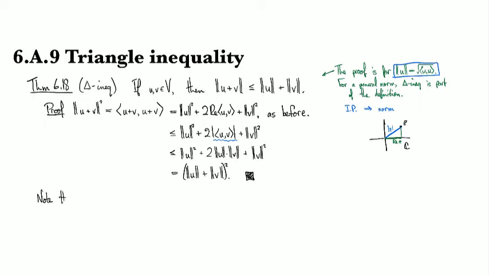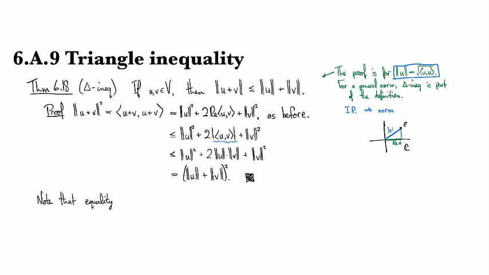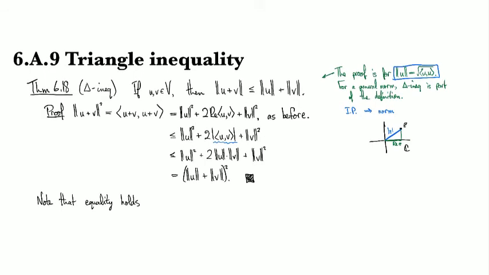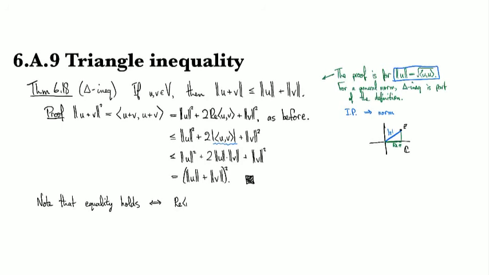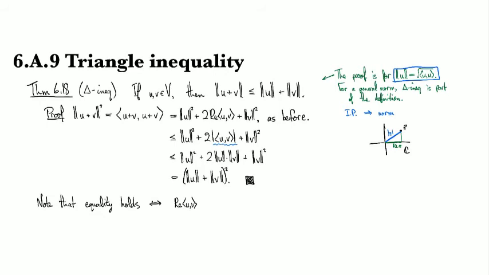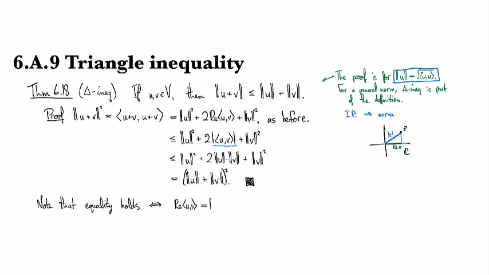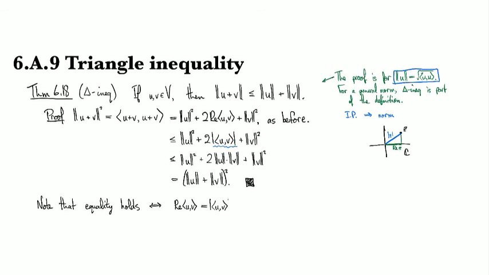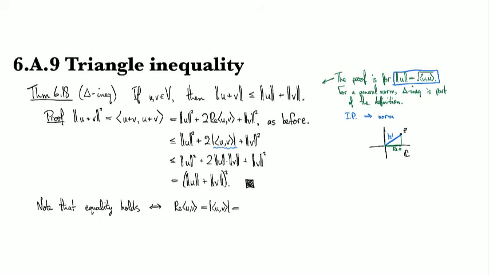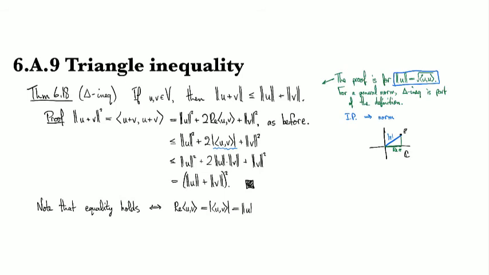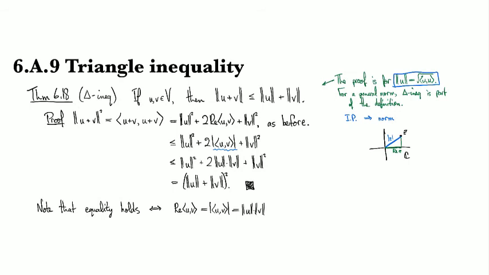So note that equality holds in the triangle inequality here if and only if the real part of the inner product uv is equal to the absolute value of the inner product, which is equal to that product by Cauchy-Schwarz.